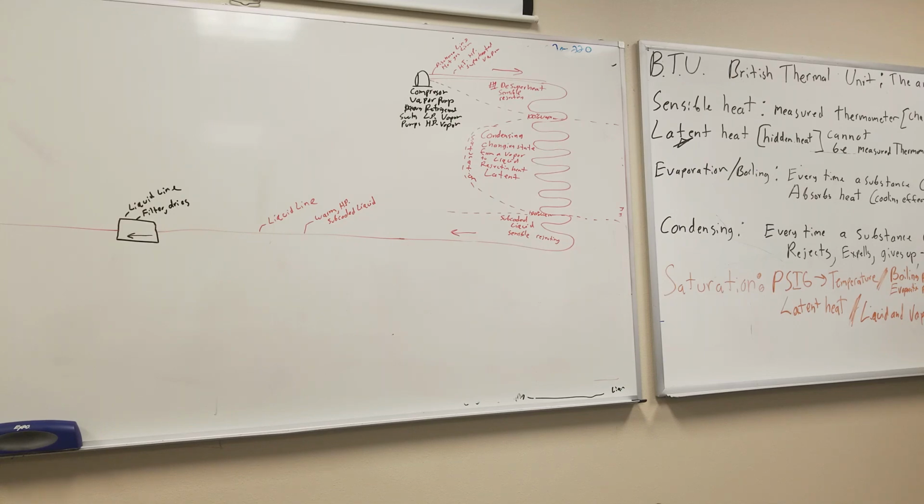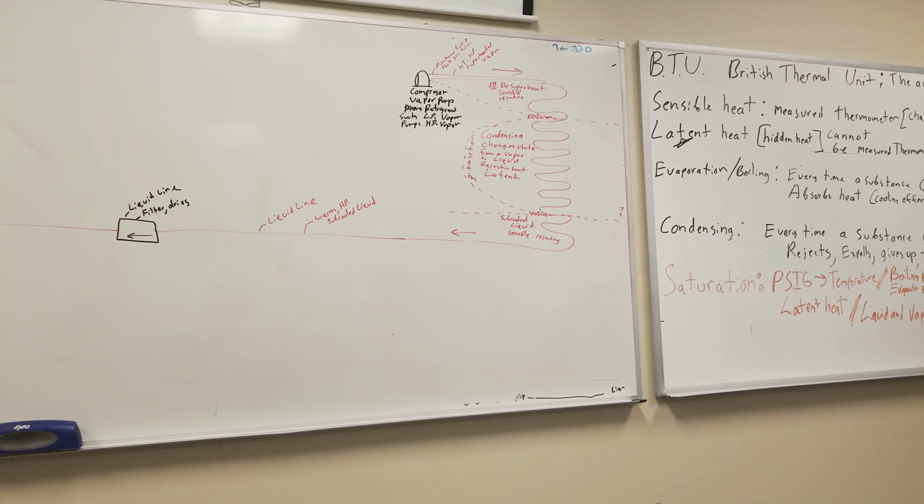So this has two names: the metering device, also called an expansion device. And what it does is it restricts what?